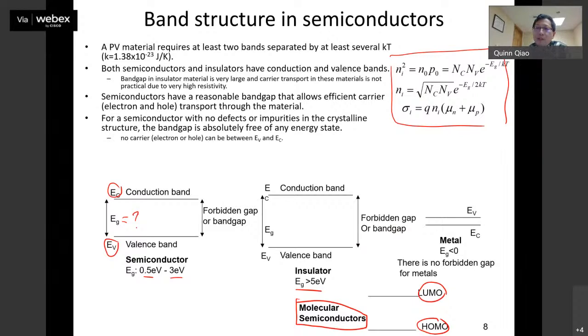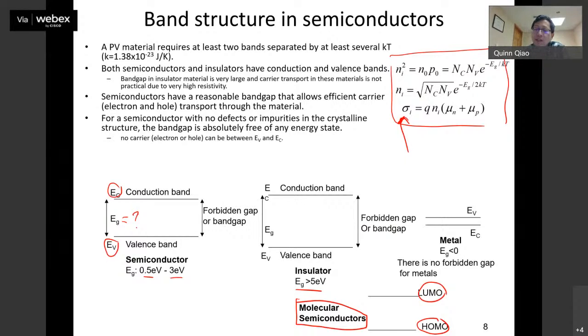That's what it means. And then Nc and Nv are the density of states at the conduction band and the density of states at the valence band. And sigma i is the conductivity of the intrinsic silicon without any doping.